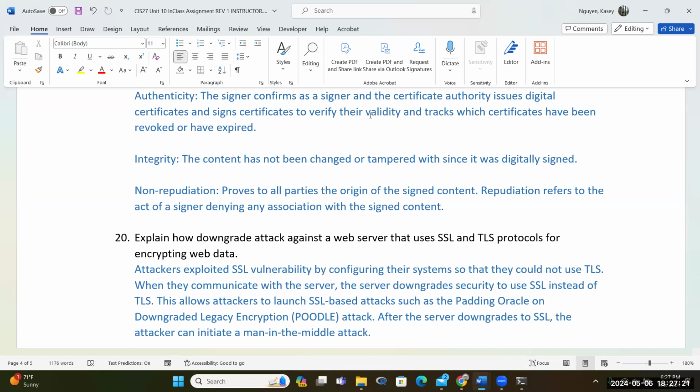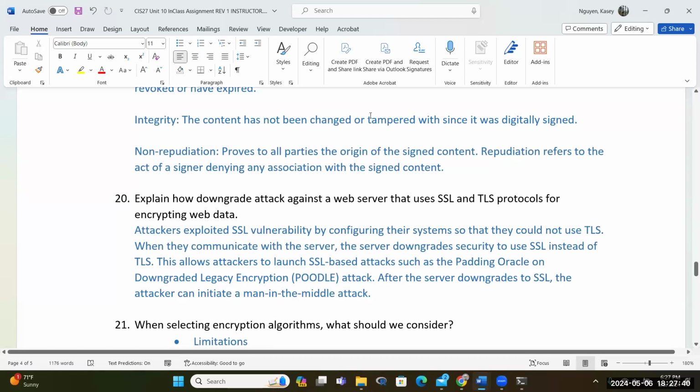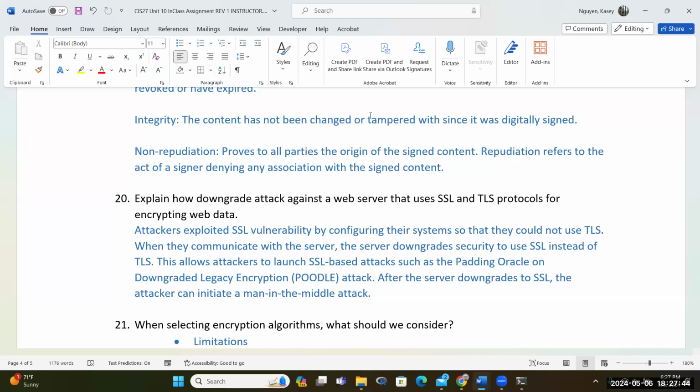This will allow the attacker to launch an SSL attack, such as padding Oracle or POODLE attack, which is known as a downgrade legacy encryption attack. And after the server downgrades the SSL, the attacker can initiate a man-in-the-middle attack and other things.